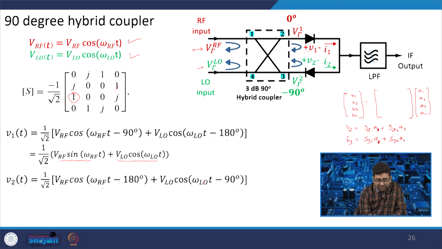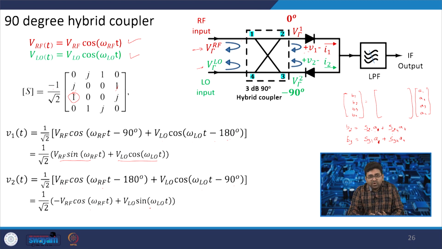Same thing, if we use trigonometry, we will get minus VRF cos omega RF t plus VLO cos omega LO t. So what we got is a combination of RF and LO signal at both the V1 port and the V2 port.